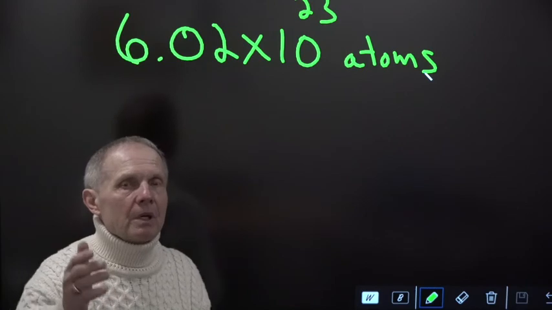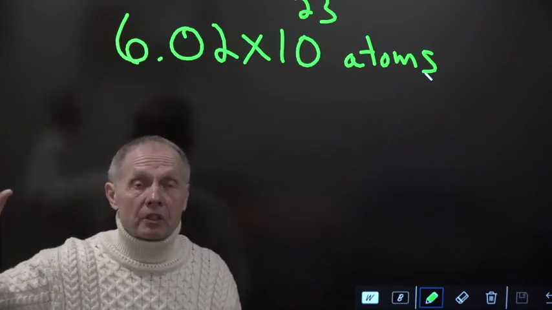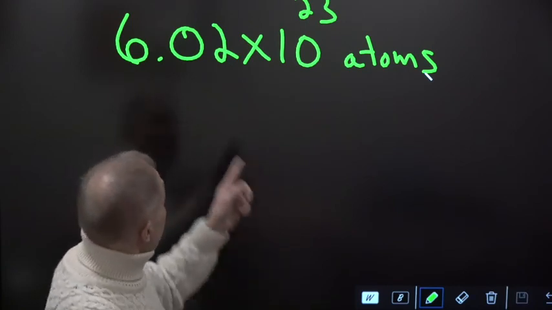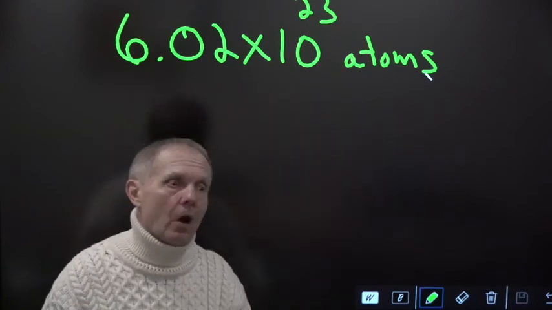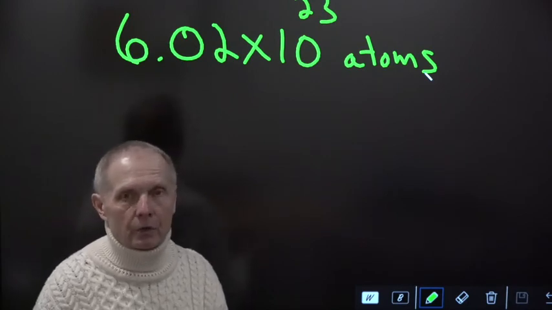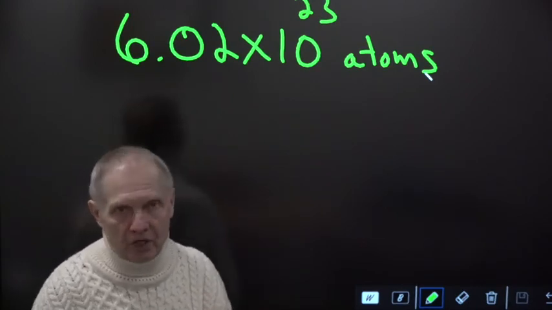Now you remember that we use a dozen for eggs because you just don't want to buy one egg. Well, for this, we don't want to keep on saying, oh, I have 6.02 times 10 to the 23rd atoms or molecules, or I have Avogadro's number.